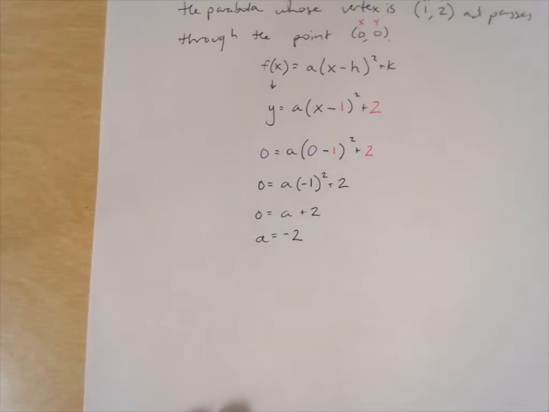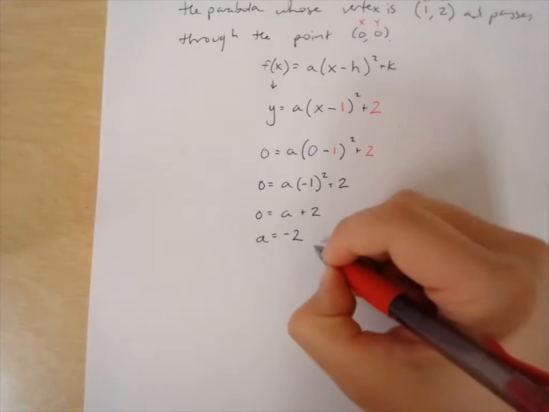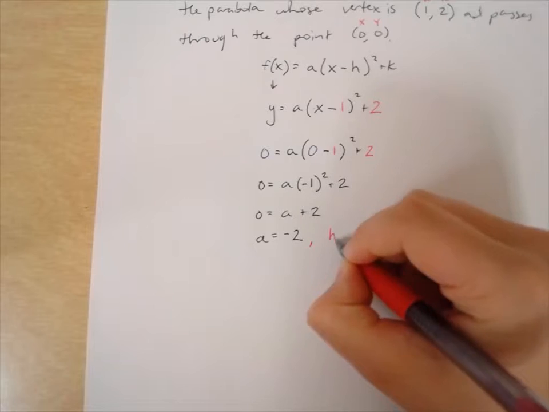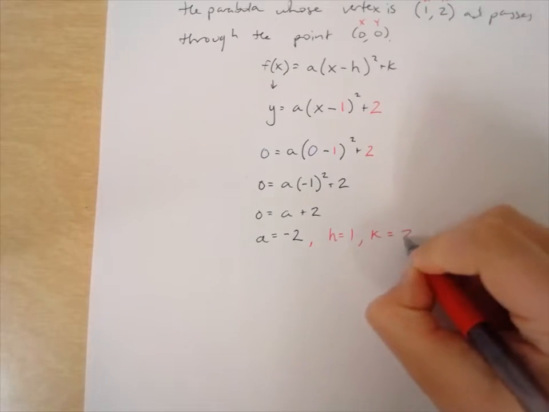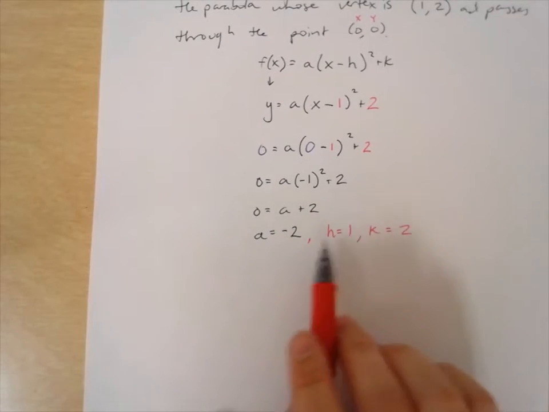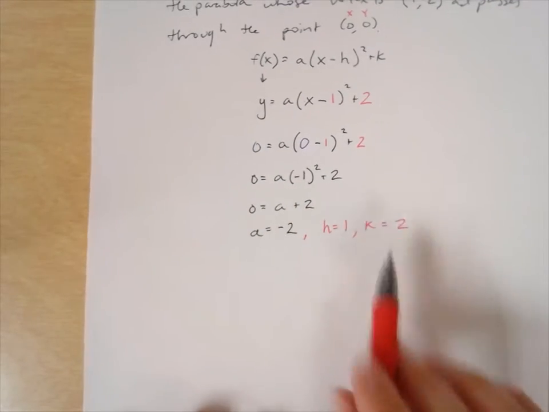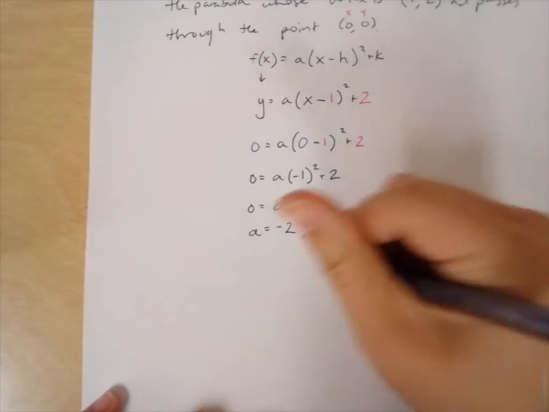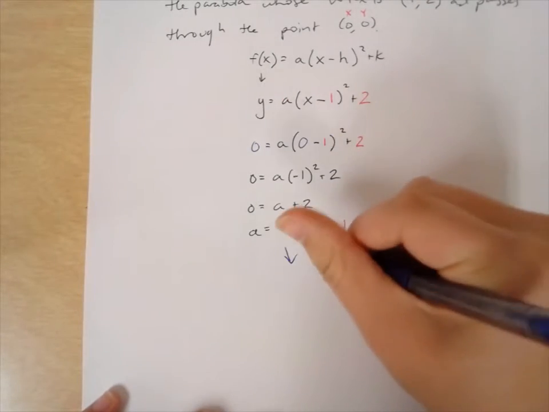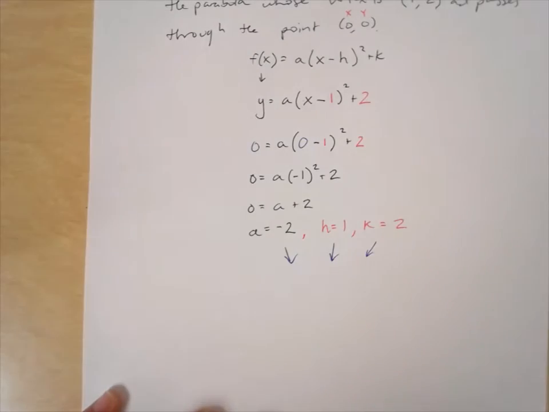Alright, that's very useful. So we're going to use a, and we're going to use the fact that h equals 1 and that k equals 2, as we previously discussed. We're going to take the a, the h, and the k, and put them all into our standard form.